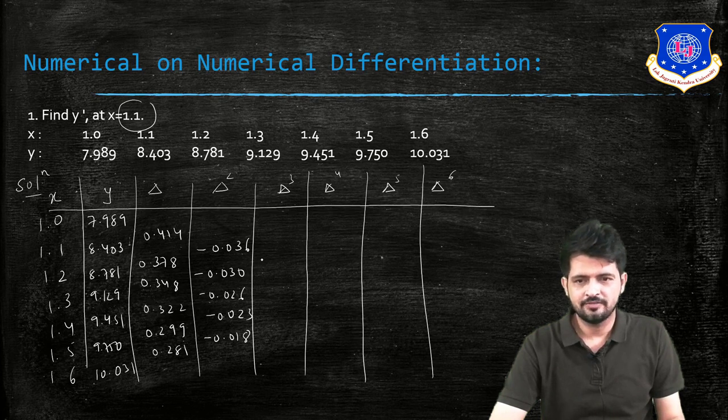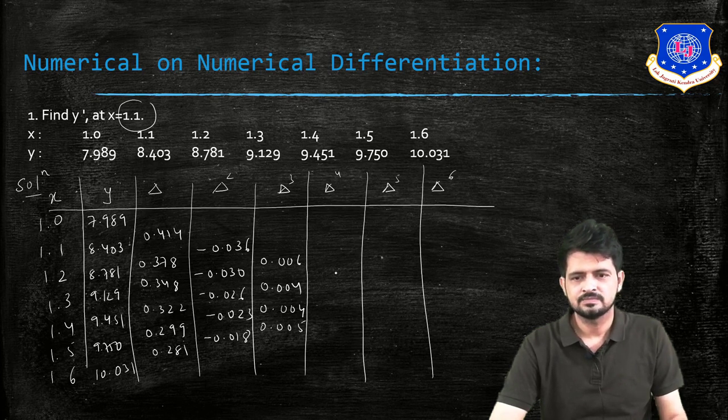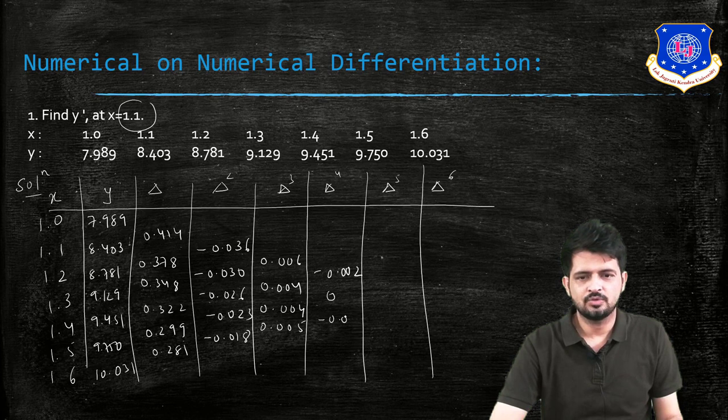In the third difference it will be 0.006, 0.004, 0.004, and the last will be 0.005. Fine. Minus 0.002, this will be 0, and minus 0.001.